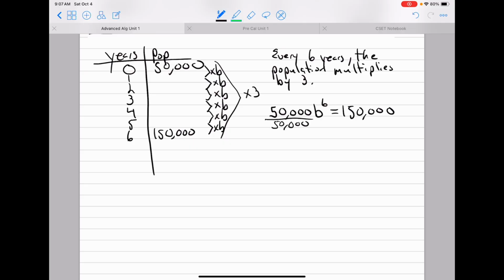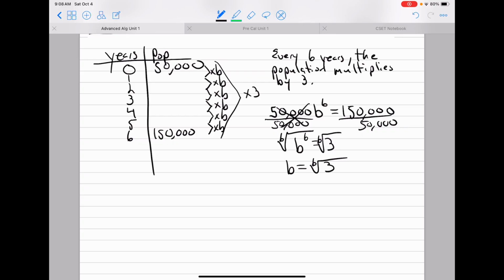Divide by 50,000. Divide by 50,000. B to the 6th power equals 3. Yep. Okay. So now I'm going to keep solving for b. What kind of root do I take if b is to the 6th power? I have to take a 6th root. So now I'm left with b equals the sixth root of 3.